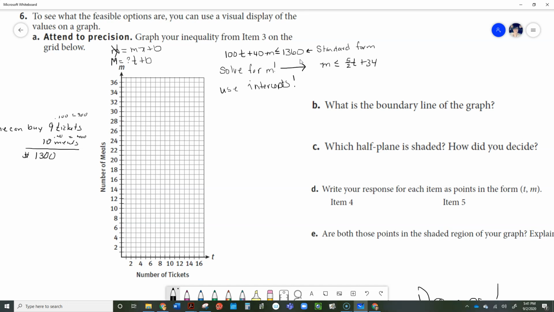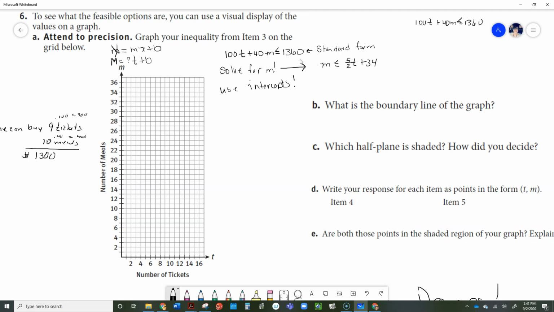So I guess I should show it. 100t plus 40m is less than or equal to 1360. We're solving for m because the m is on the y-axis. So we've got to get the y by itself. In this case, this is your y.